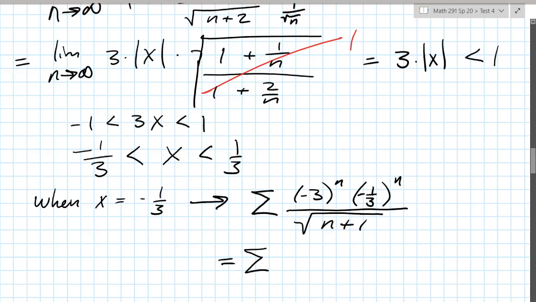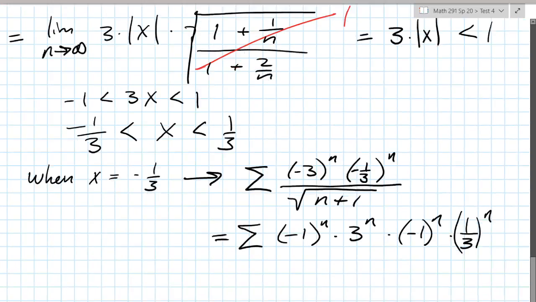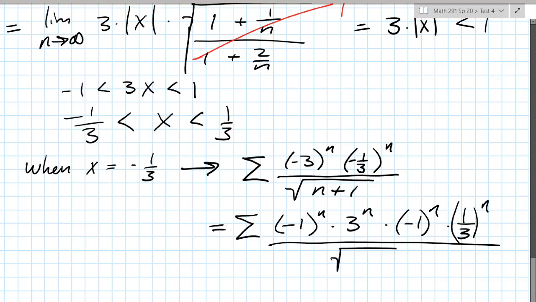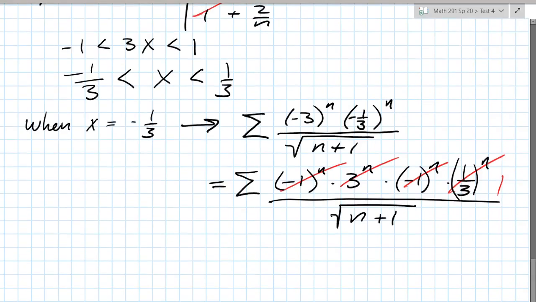I think I will write it out. How's this? Negative 1 to the n times 3 to the n times negative 1 to the n times 1/3 to the n, so that you can see the negatives cancel out. Okay, so we've got positives. 3 to the n times 1/3 to the n is just 1. And we are looking at the sum of 1 over the square root of n plus 1.